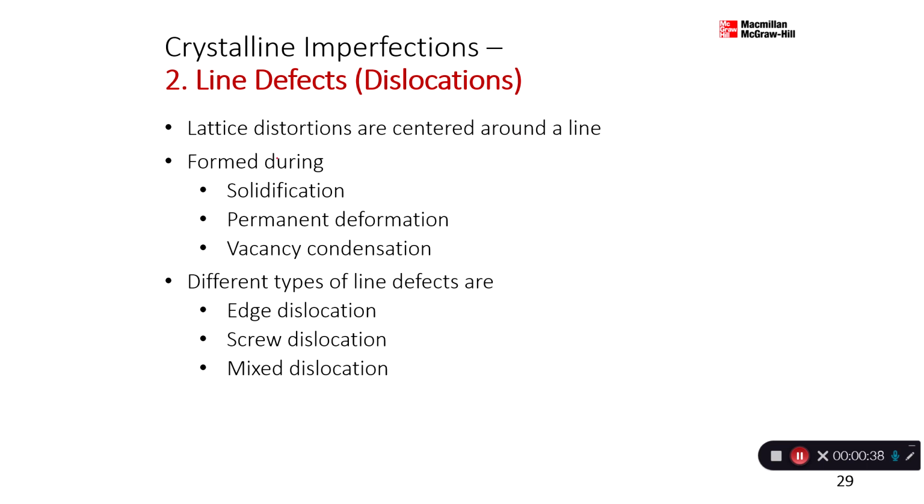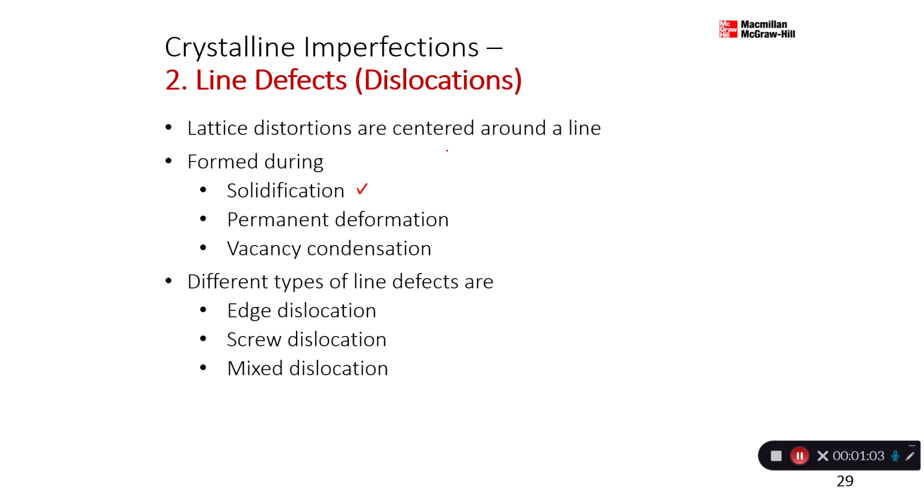This is typically formed during the solidification process. During the process of solidifying itself, this could have happened. It also forms during permanent deformation. You've heard about permanent deformation, I'm guessing, from material deformation and yield strength. Probably you've learned about that in other subjects.